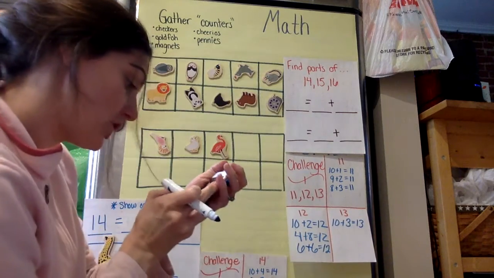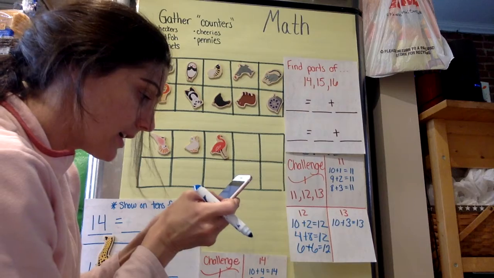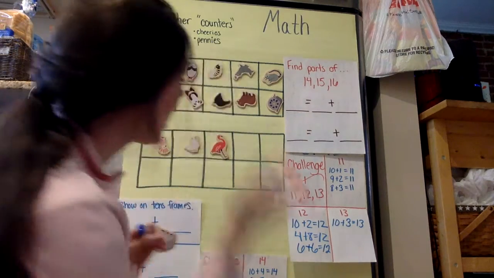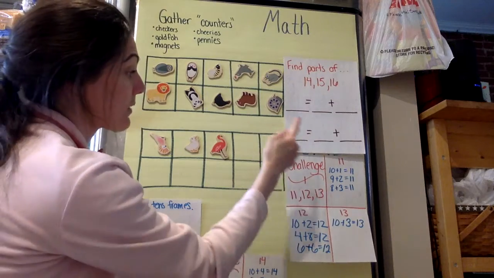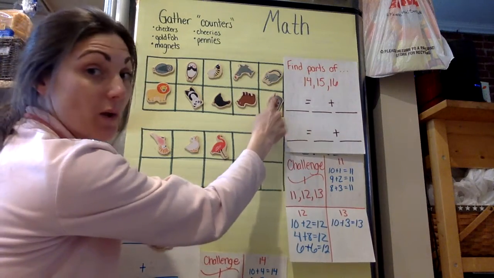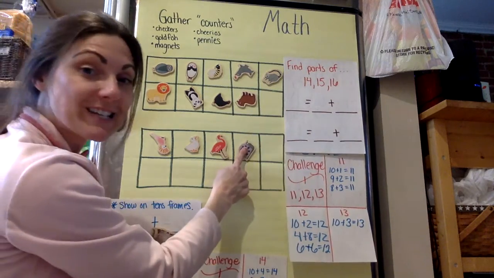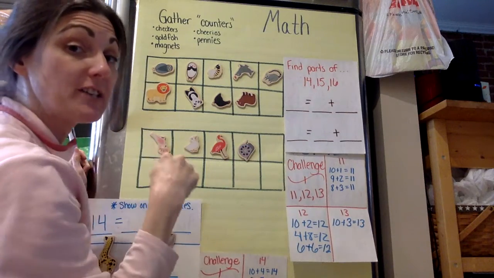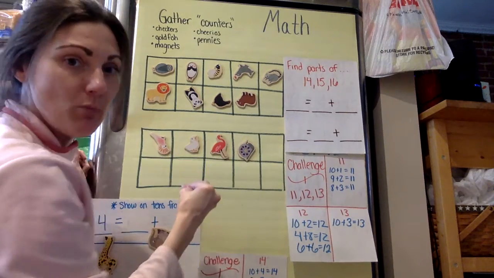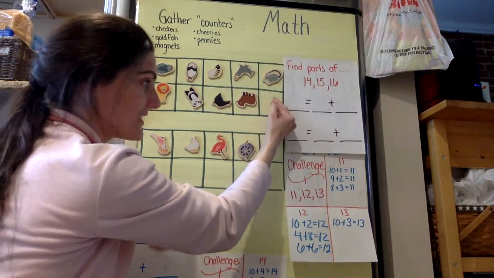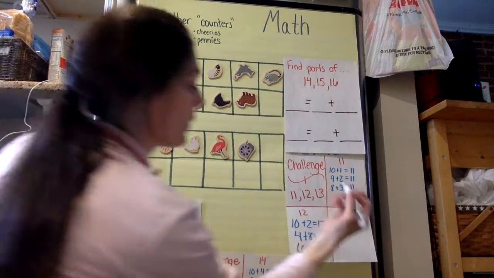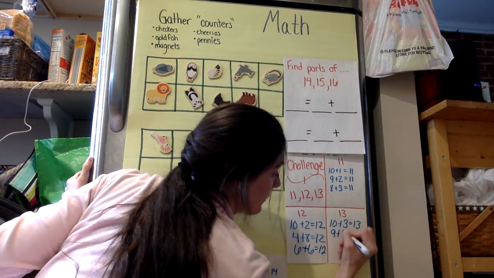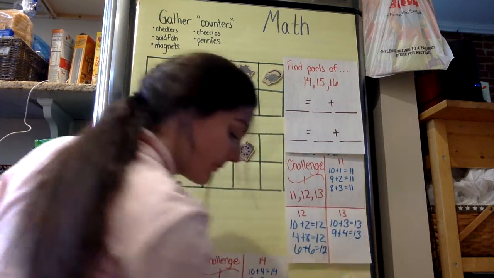And then she did 9 plus 4. It looks like maybe what she did is what I was modeling when I did 11 yesterday. She took one from this tens frame and moved it to this tens frame because you still have 13, right? You're just moving one from one tens frame to another. So now I have 9 plus 4. So 9 plus 4 equals 13.